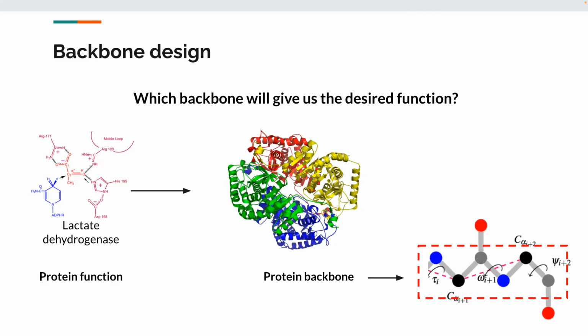So breaking this up into two different steps even further, the first part is backbone design. This is really the question of which protein backbone will give you the desired function. By protein backbone, I'm talking about this central continuous chain that goes through the whole protein. I'm not talking about the specific side chain. So we're ignoring that in the scope of this problem, outside of the specific residues that we want to hold constant.